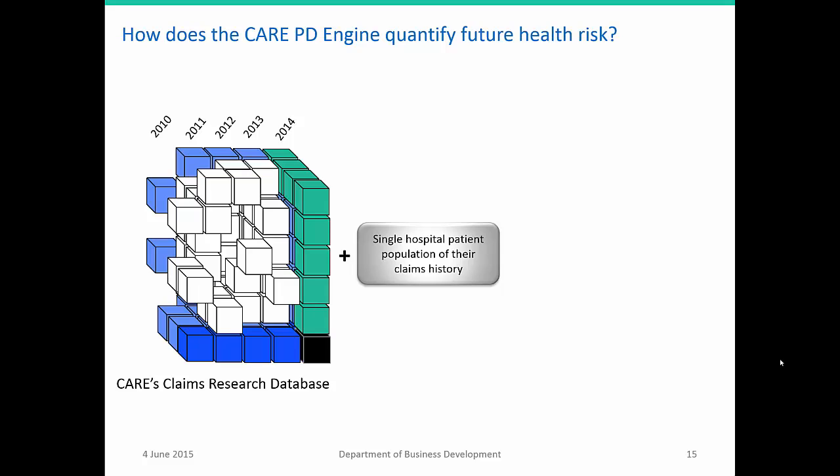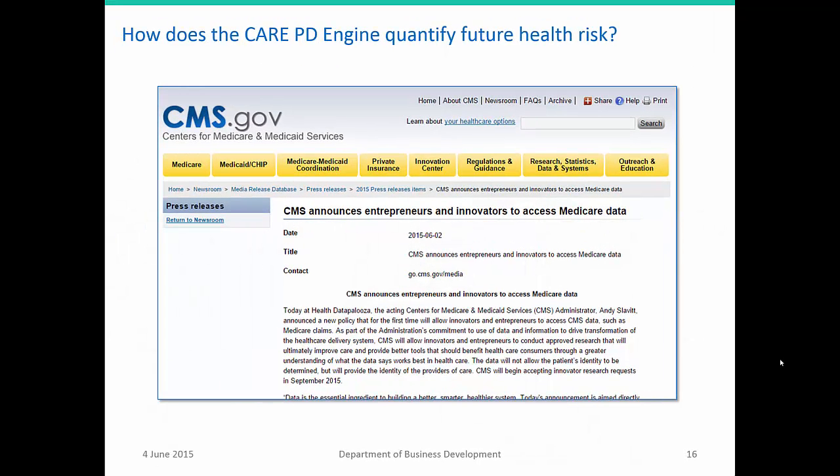It is also worth mentioning the significance of a recent decision by the Centers for Medicare and Medicaid Services to enact a new policy in September that for the first time will allow innovators and entrepreneurs to access CMS data such as Medicare claims.